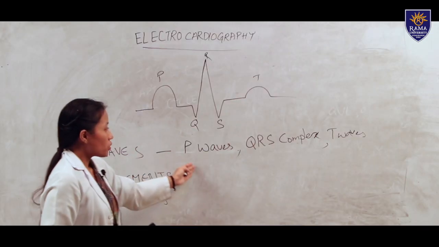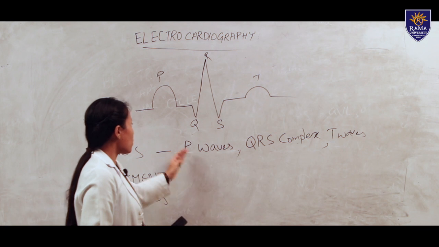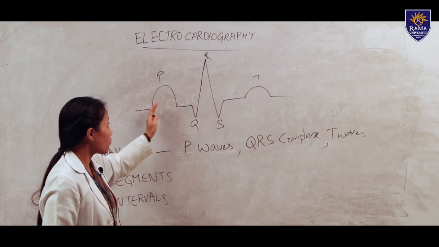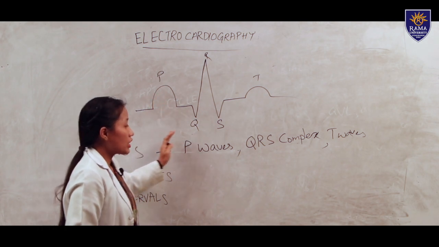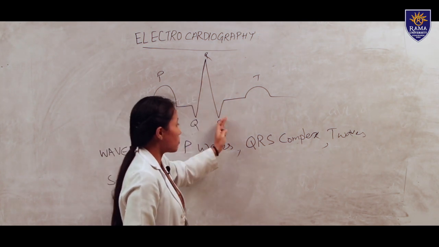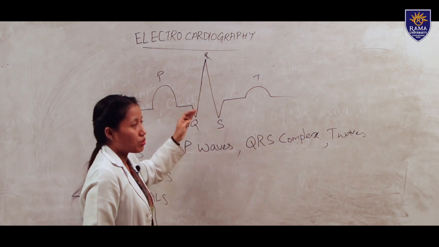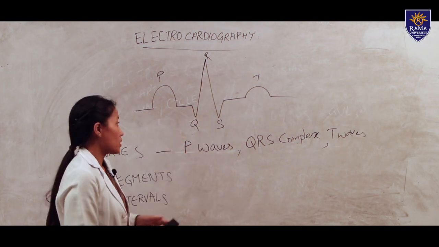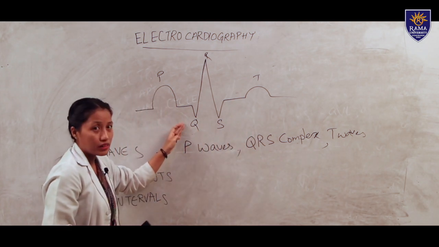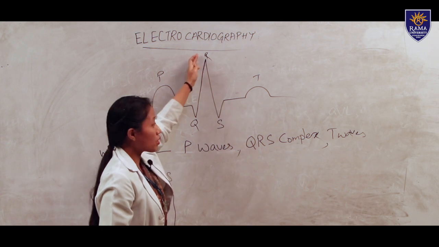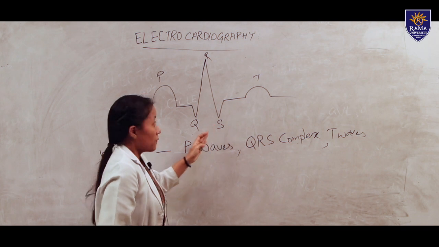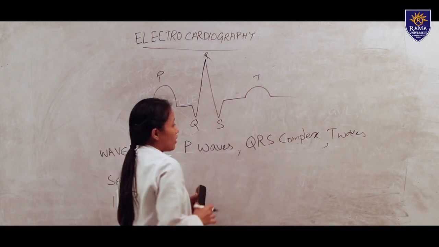So the waves are the P wave, QRS complex, and T wave. The P wave is atrial depolarization. When the atria are depolarized, they produce a waveform, that is the P wave. When the ventricle is depolarized, the wave produced is known as the QRS complex. Ventricular depolarization undergoes 3 processes: first, Q is septal ventricular depolarization, the R wave is major ventricular depolarization, and the S wave is basal ventricular depolarization.